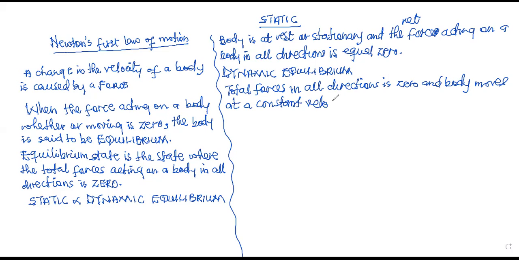So Newton's first law of motion actually talks about these two kinds of equilibrium situations: static equilibrium and dynamic equilibrium.